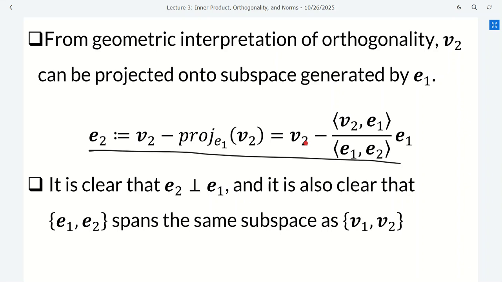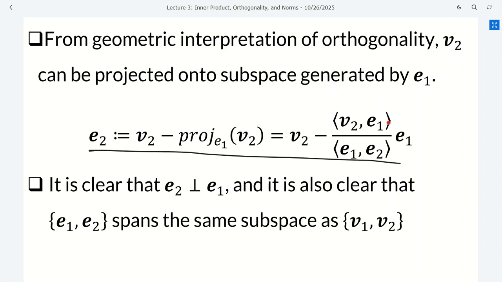Then you find the inner product of V2 and E1. The E1 we've calculated is 1 over 3, 2 over 3, minus 2 over 3.